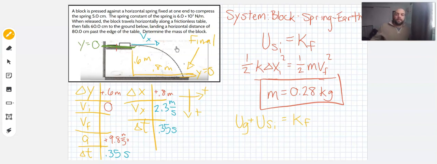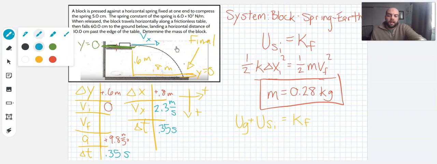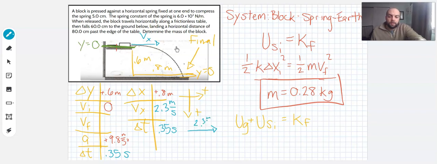If you solved it that way, that's a great way to look at this problem as well. Still totally works. You just need the total velocity of the block right before it hits the ground. So that's 2.3 meters per second.